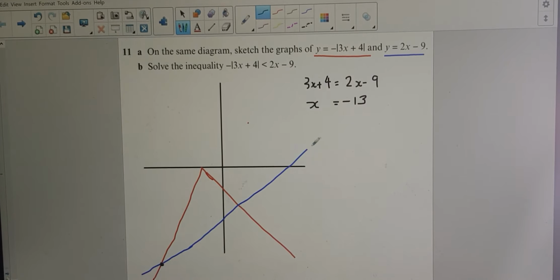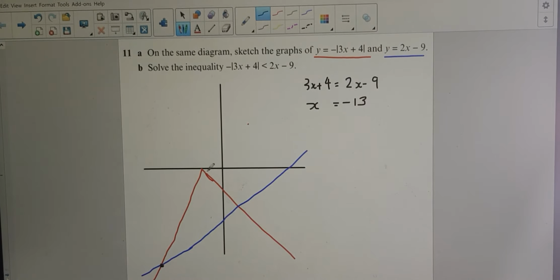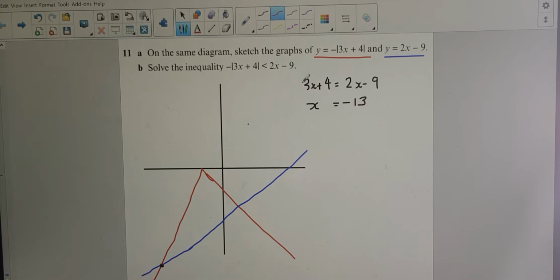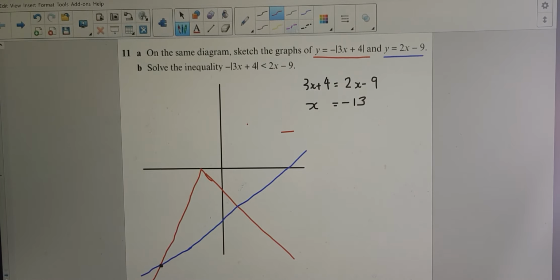Now, this is the graph of y equals 2x minus 9. If I think about this line alone, it's the line of y equals minus, I'll do it in a different colour. So that's one of our solutions.